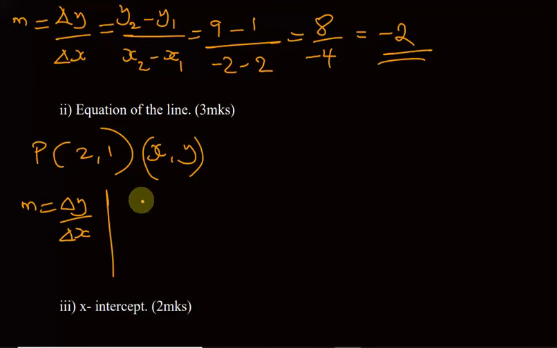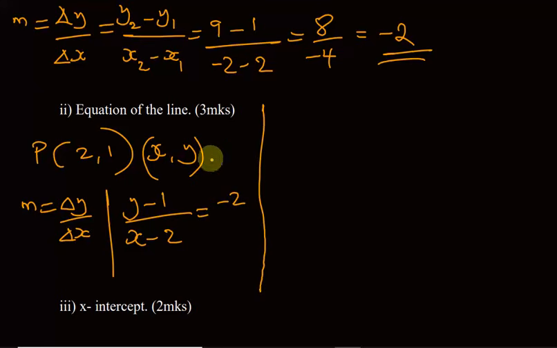Therefore, our value will be y minus 1 divided by x minus 2 equals gradient. We got gradient as negative 2. Here it is, y minus 1, then divide by x minus 2, equals the gradient, which we got as negative 2.